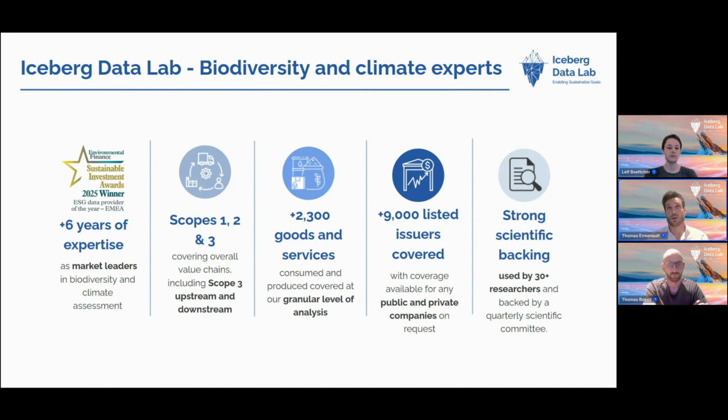It's about the depth of our database. And as you can see, we have 2,300 goods and services analyzed within our model. So we analyze all supply chains, supplier, clients, which goods are consumed by the companies, which goods or services are produced. And in total, it's more than 2,000 goods and services that we use.